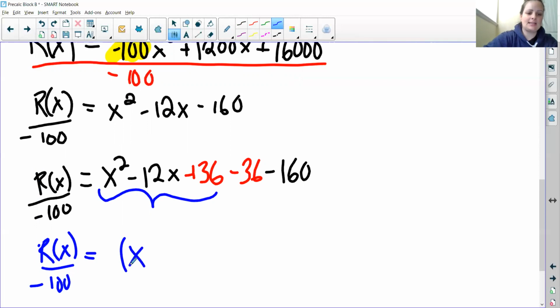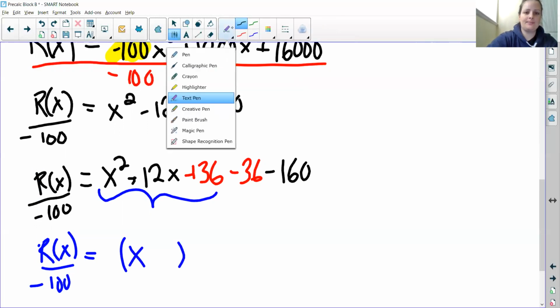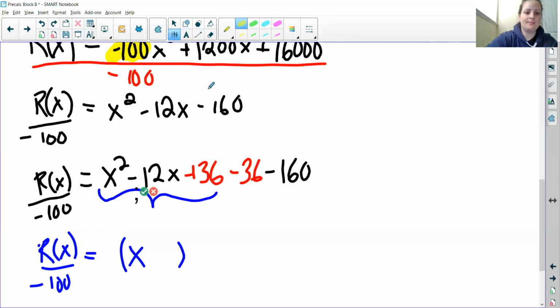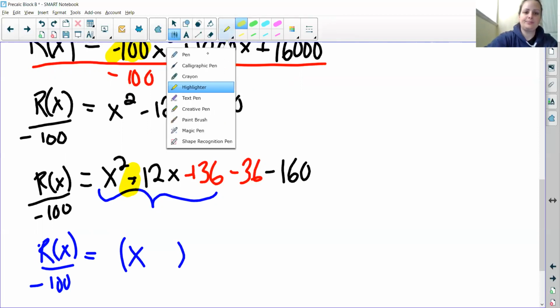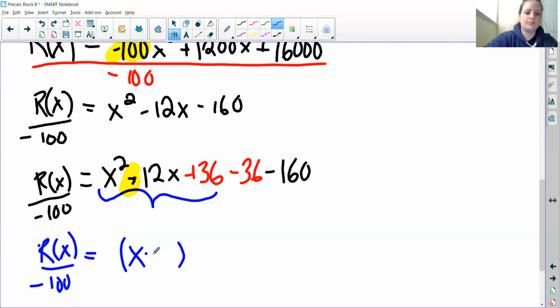So it's going to be x, it's going to be a negative because this is negative, okay? And then the square root of 36 is 6, or you could do half of negative 12, which is also negative 6. It should be the same thing, right?